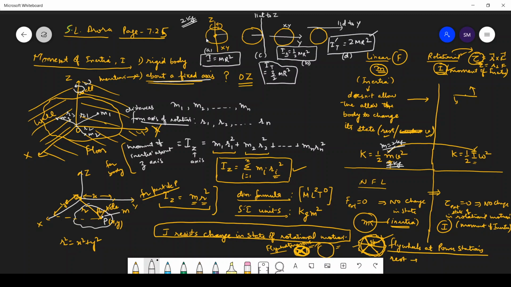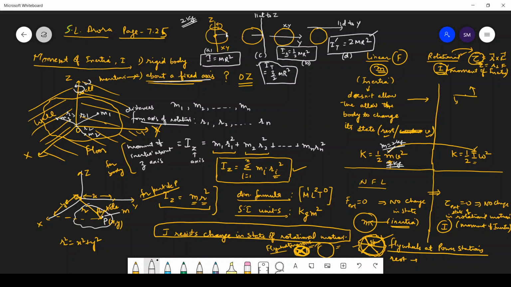But here the ring is changing its position when it is moving around the z-axis. That is why moment of inertia is also more. Have you understood? Here it was rotating in the circle, all the ring was rotating in the circle.